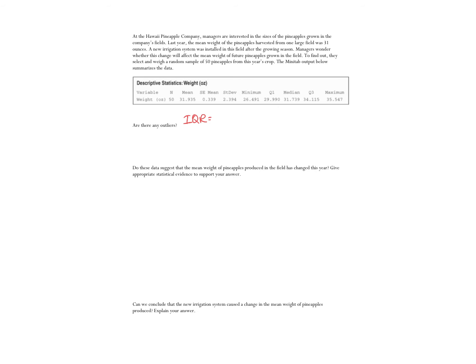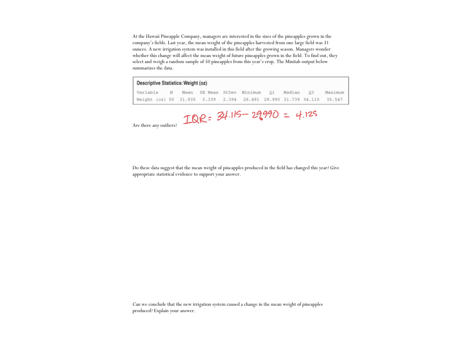What is the IQR, guys? Q3 minus Q1. So Q3 is 34.115. Q1 is 29.990. The IQR is 4.125. And then don't we multiply that by 1.5?